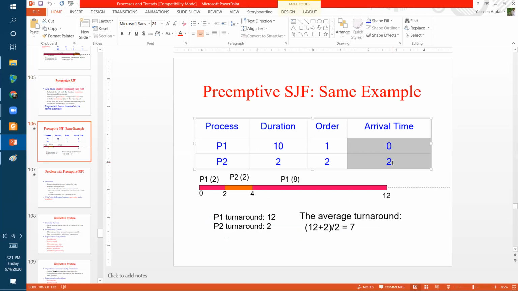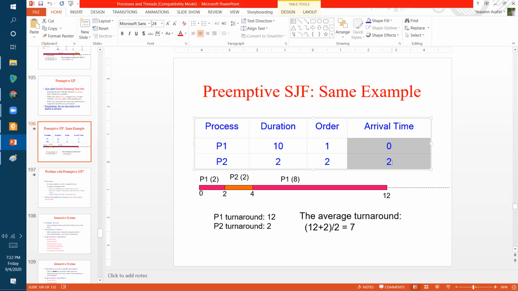If they are not equal, you have to run the preemptive SJF simulation to find the average turnaround time, or the best algorithm will be preemptive SJF.